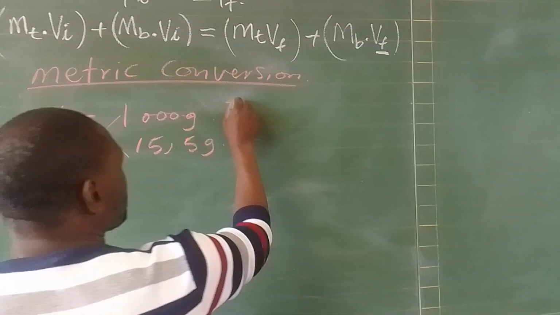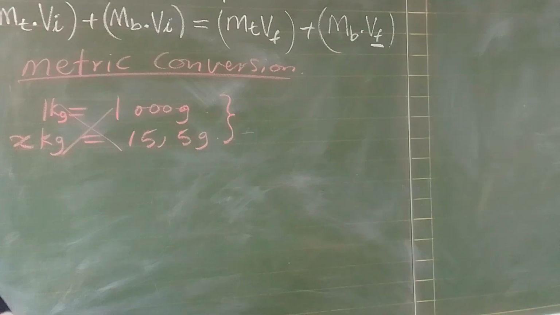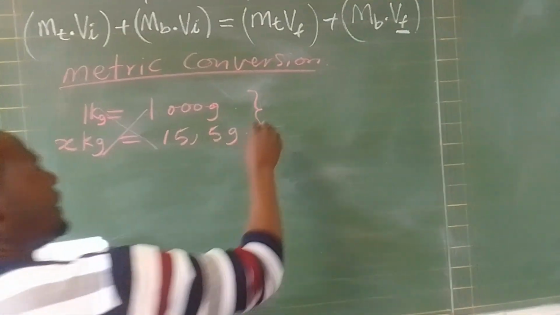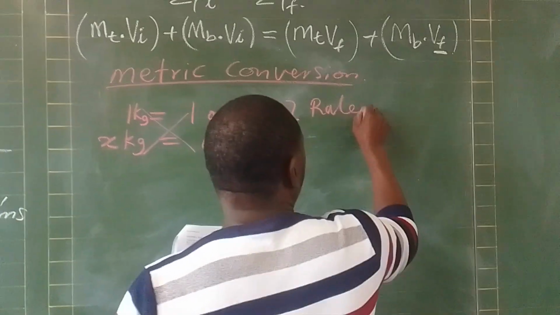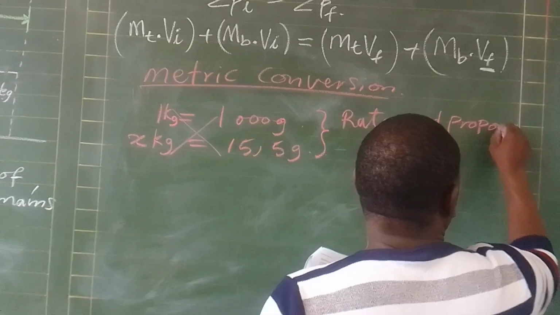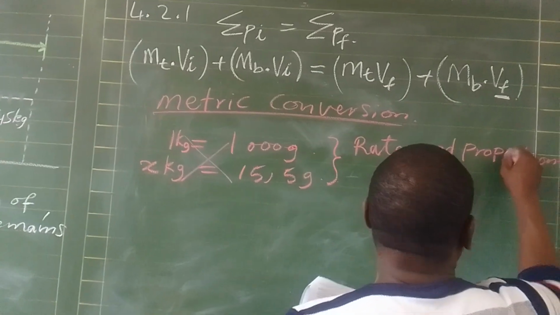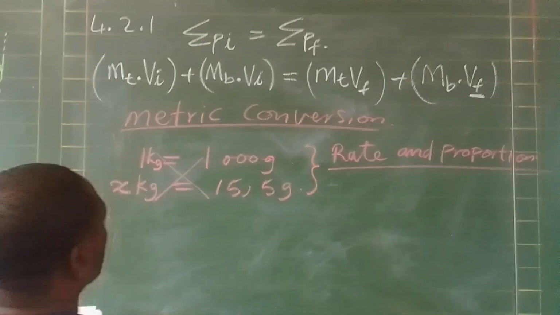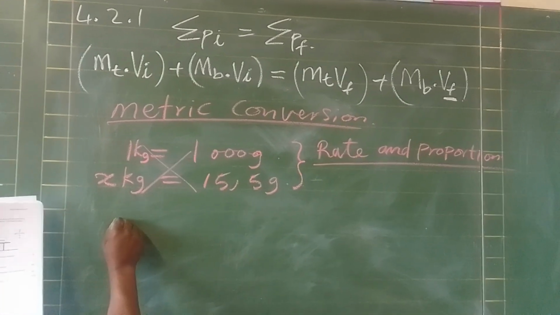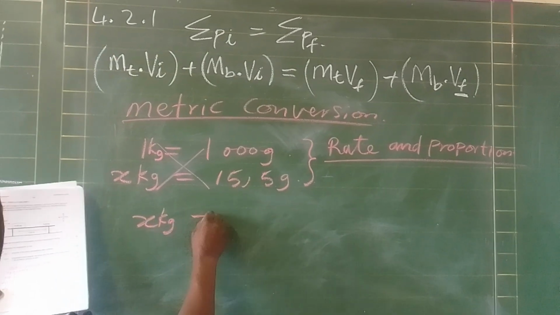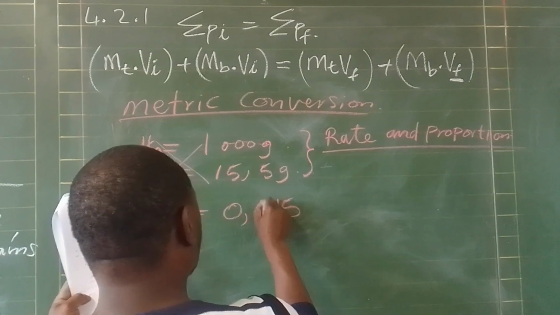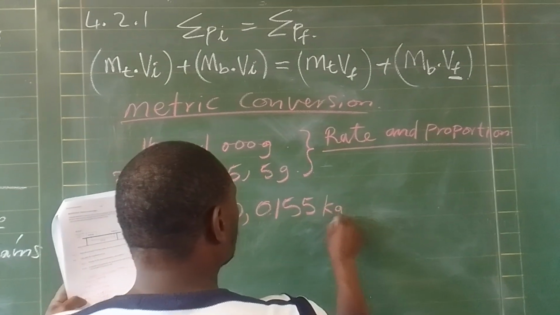What concept is this, by the way? It's rate and proportion. We have done this at grade 6. Now we need to calculate how many kilograms there are. We know that it is going to be 0.1155 kilograms.